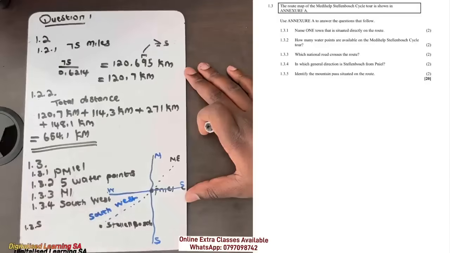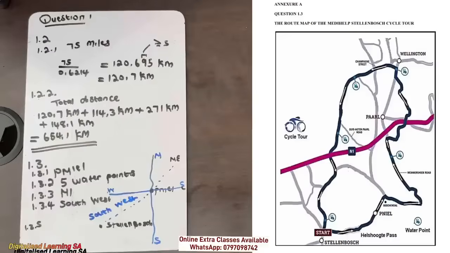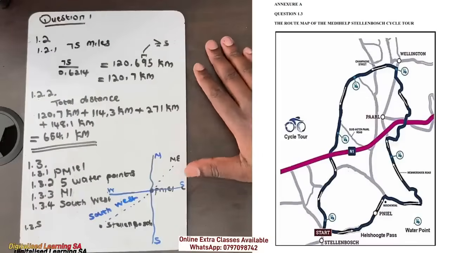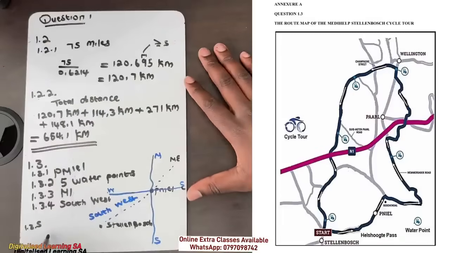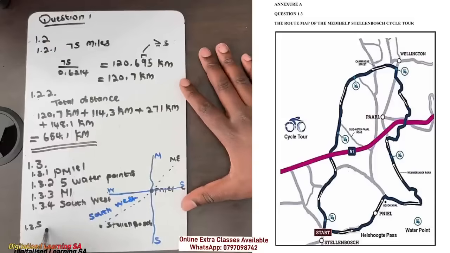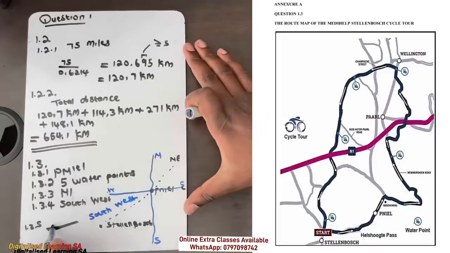Question 1.3.5 says, identify the mountain pass situated on the route. So if we look on the route from the start, we can see that the route is given. So let's assume this is the route. We can see that on the sides we have something like this.